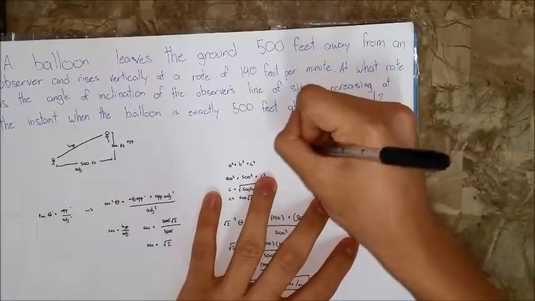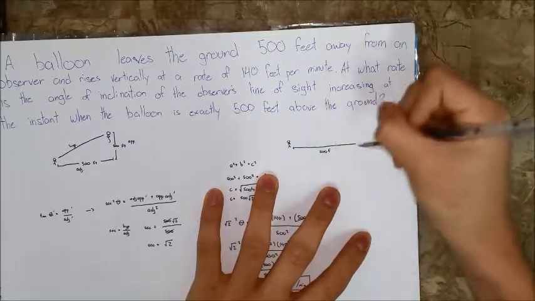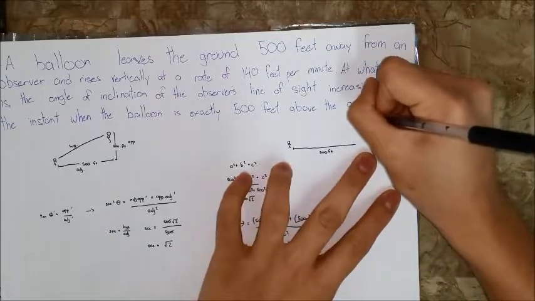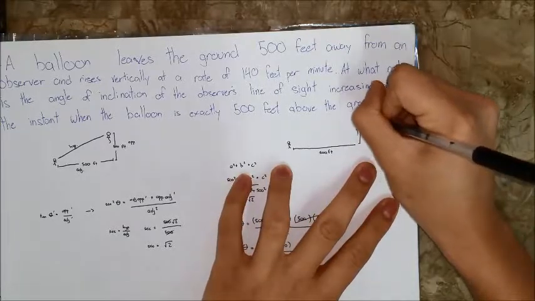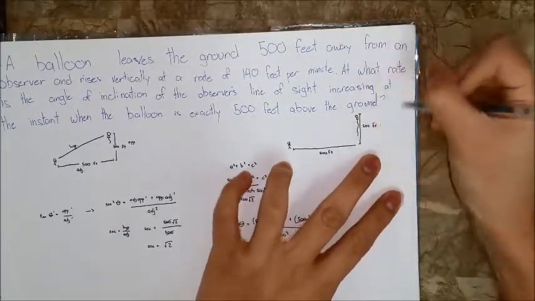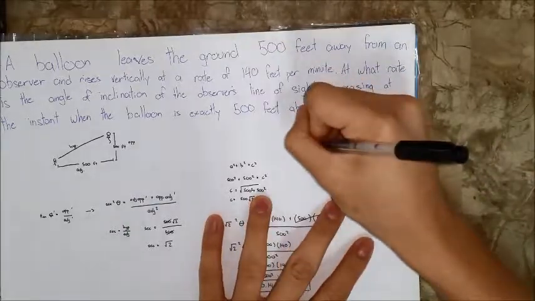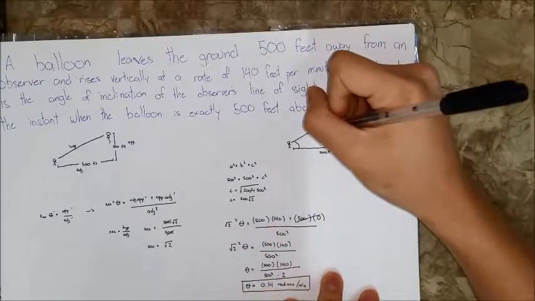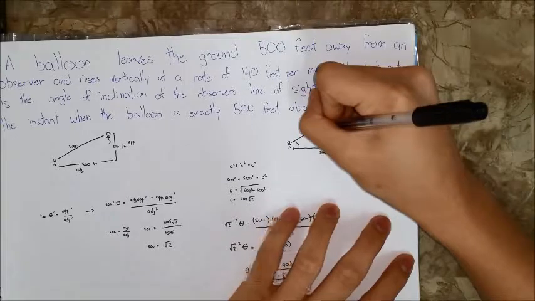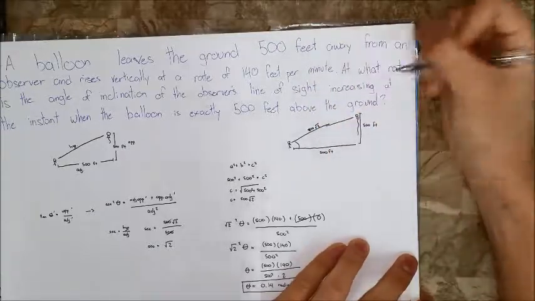So to redraw this, the person is 500 feet above the ground, and the hypotenuse is 502.